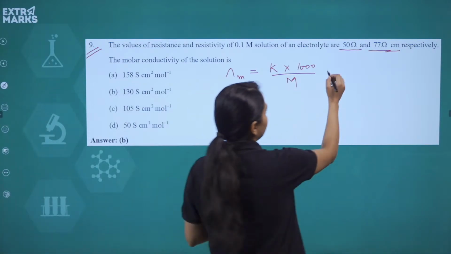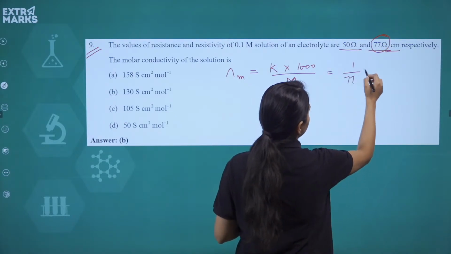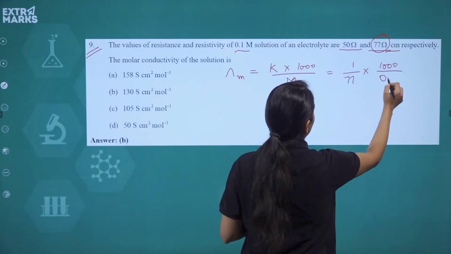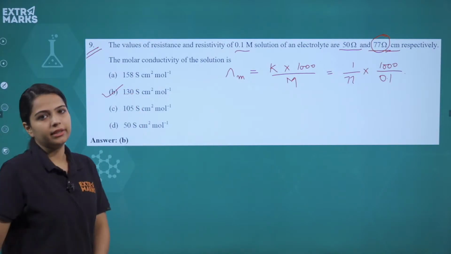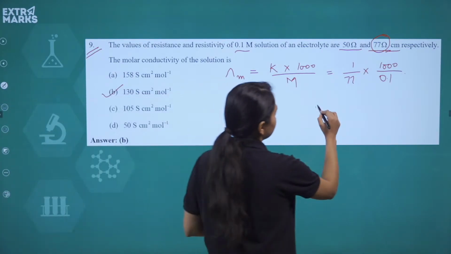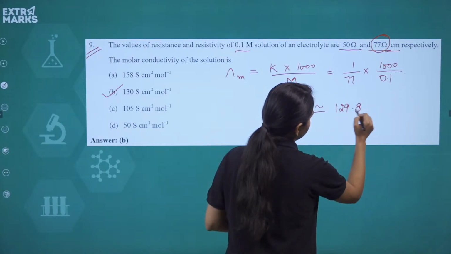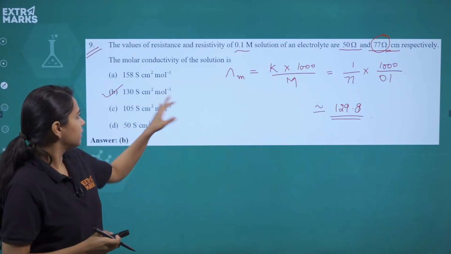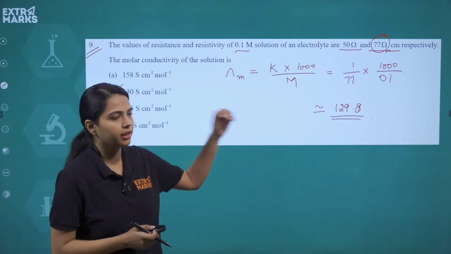So I'll be writing over here 1 upon rho, resistivity is 77. 1 upon 77 into 1000 upon concentration, over here it is 0.1. So when you solve this out, you're going to get the answer as 130. Although you will be getting the answer nearly 129.9 or 8 something, after rounding it, you will get the answer 130. Okay, just round this off and you'll get your answer.